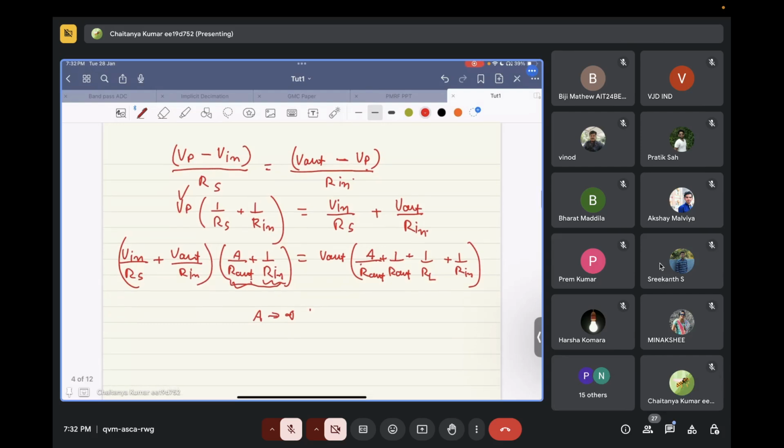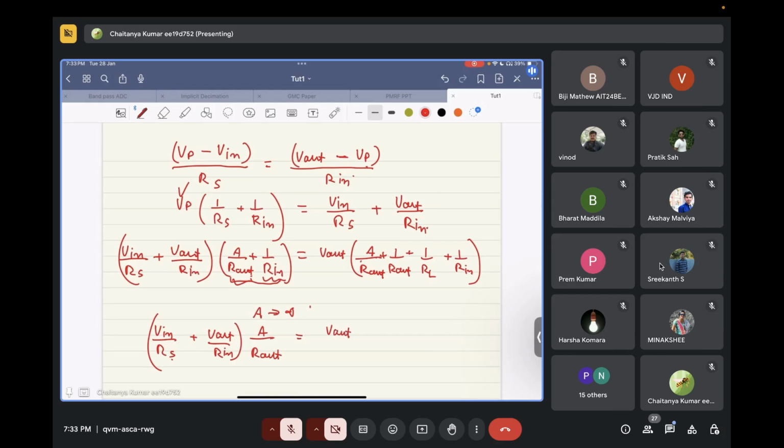So this can be written as V in by Rs plus V out by Rn times A by R out is equal to V out times, and in this part of the equation as well, this term will be much larger than the rest of the terms, because A plus 1 will be much higher than 1 by RL and 1 by Rn.